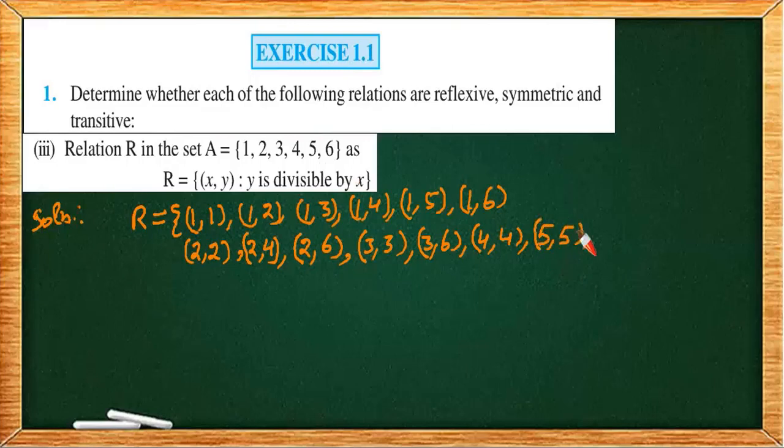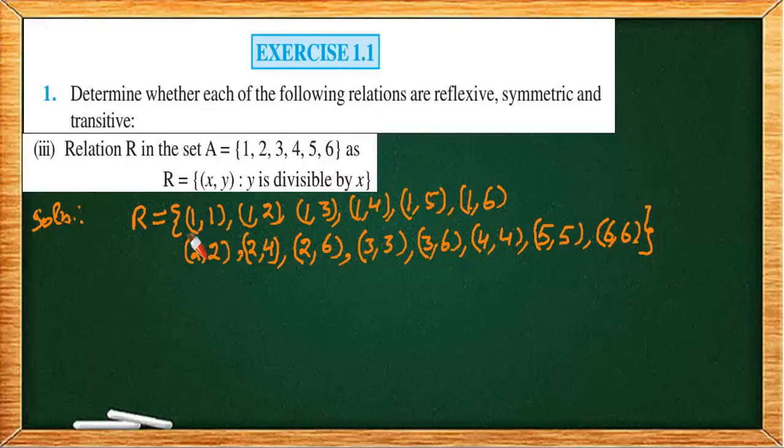Then 5 divides 10. 10 is not there in set A. So we stop here. Now we take 6. 6 divides itself. Ordered pair (6, 6). Now after this, 6 divides 12. But 12 is not there in set A. So we stop here. So it is our relation R in tabular form.